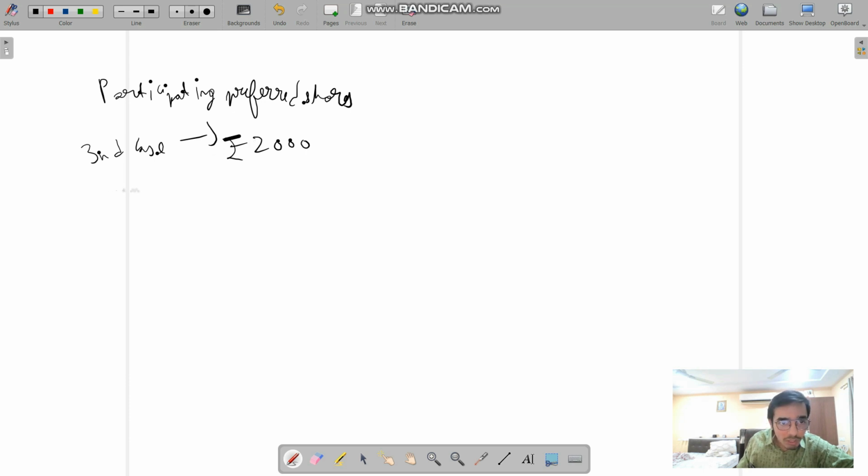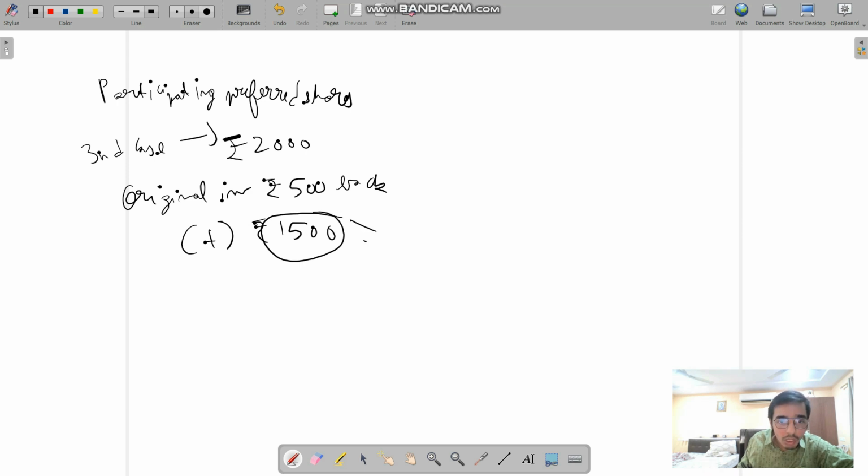These preferred shareholders will get their original investment of rupees 500 back, plus whatever remaining amount is left, that is nothing but 1500. Out of this 1500, they'll be given their stake, which is 33%, as we had calculated in the previous example.